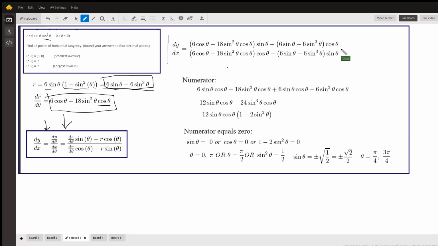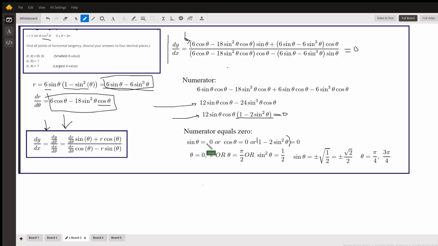And we want to know, when does this equal 0? So that equals 0 when the numerator equals 0. So here's the numerator simplified in a couple steps. And if I factor out the 12 sine theta cosine theta and leave this binomial, that's going to equal 0 when sine theta equals 0 or cosine theta equals 0 or 1 minus 2 sine squared theta equals 0.